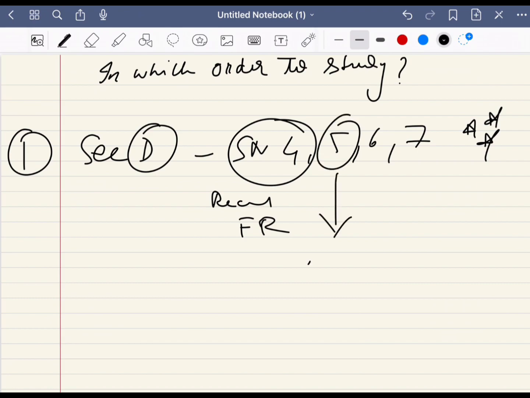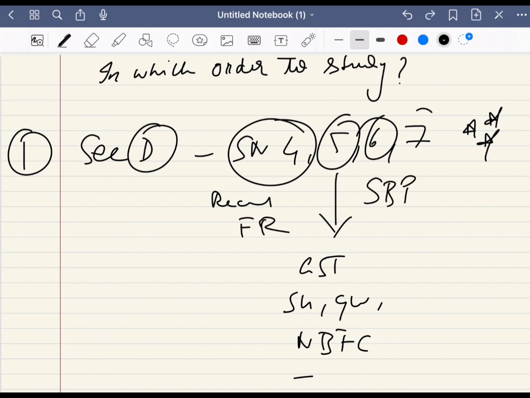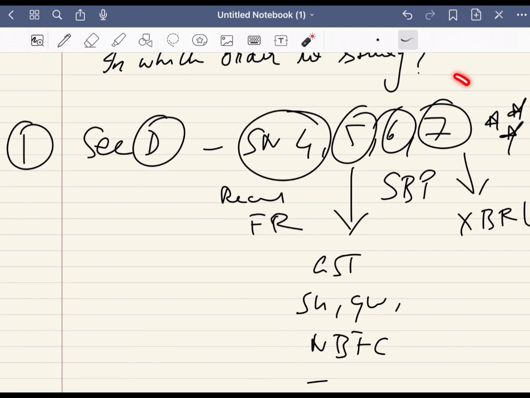Study note 5 contains GST accounting, valuation of shares, goodwill, NBFC, and some theory as well. Study note 6 is share based payments, and study note 7 is theory, which is XBRL. If you are starting CFR, then first please finish off these 4 study notes.